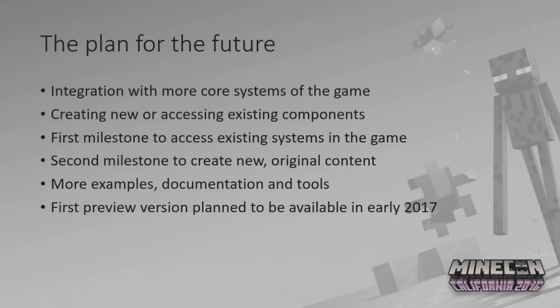The second milestone, and we separated this explicitly, is where we focus more on adding all the tools that are still missing to really create any kind of new original content. It will already be possible with the first iteration, but creating really new things that are not even in the game right now, that will be the bigger step after that.